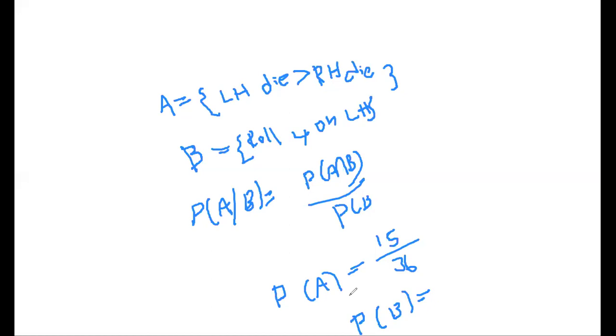And if you find out probability of A given B, that is probability of A intersection B divided by probability of B. So probability of A intersection B is equal to 3 by 36 and probability of B is 6 by 36. So you will be getting the value equal to 1 by 2. Similarly, probability of B given A will be equal to probability of A intersection B divided by probability of A.